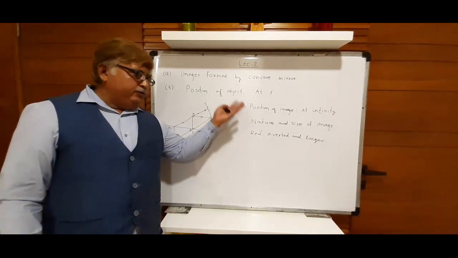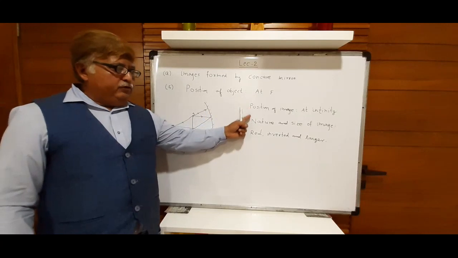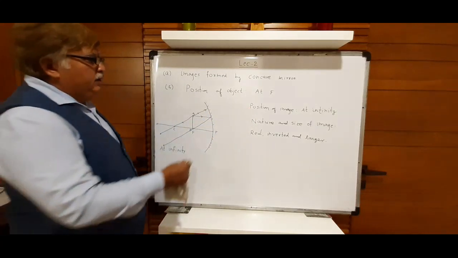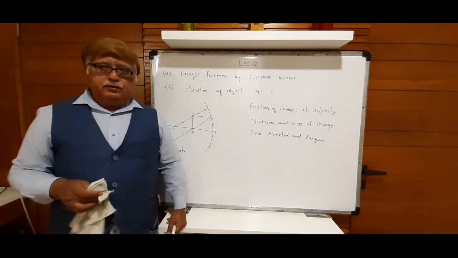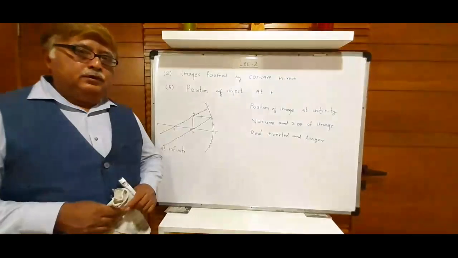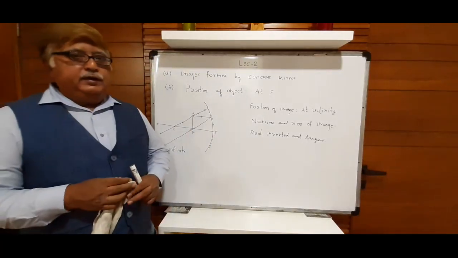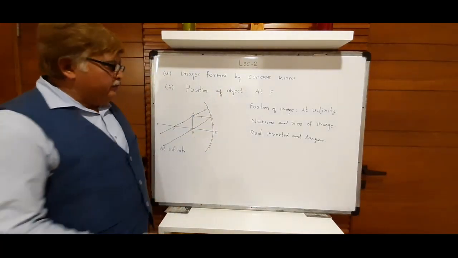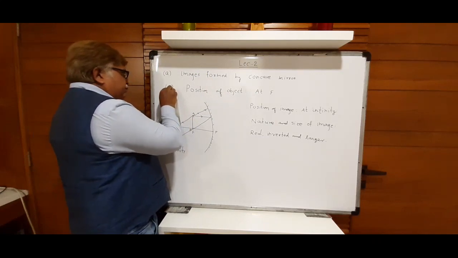As I told you, MCQ can be designed. One data is given, rest of the two data can be asked. Okay, you have drawn with me. Okay, now so diagram number 5, ray diagram, object at focus. Now let us take the next diagram.